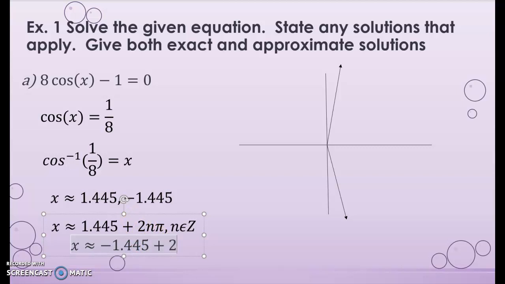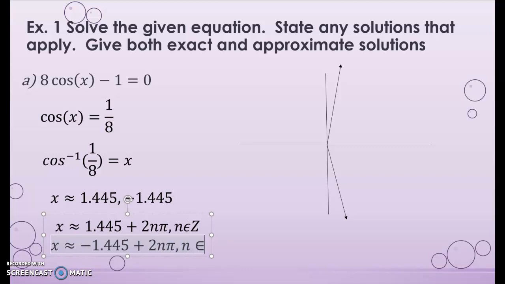plus 2n pi, and n is an element of integers. Okay, I don't know why this is so big. Let me see.